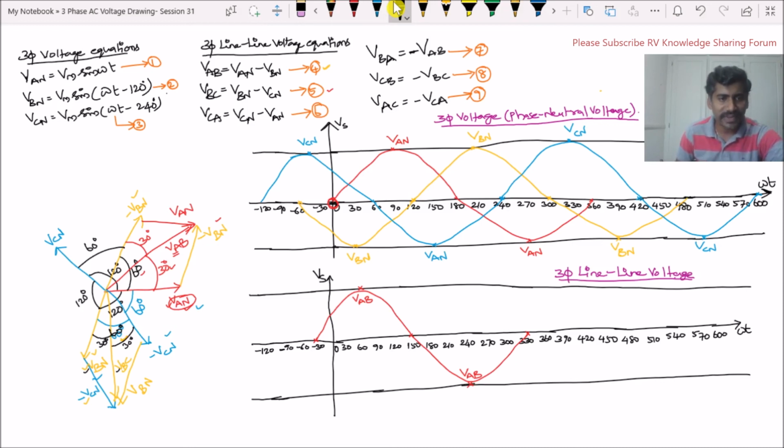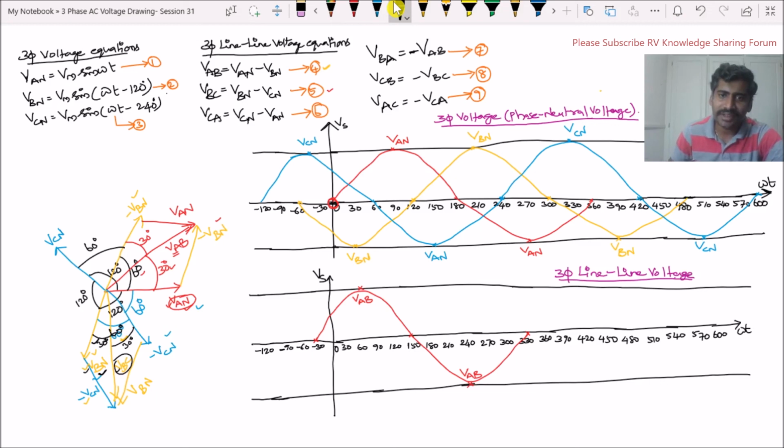So our line voltage VBC is ahead by 30 degrees from the phase voltage VBN. That means the line voltage VBC starts 30 degrees before the commencement of the phase voltage VBN.